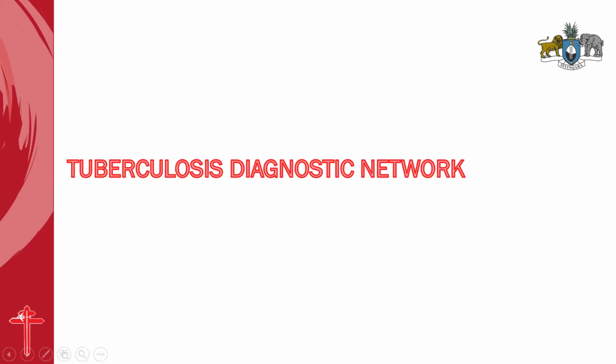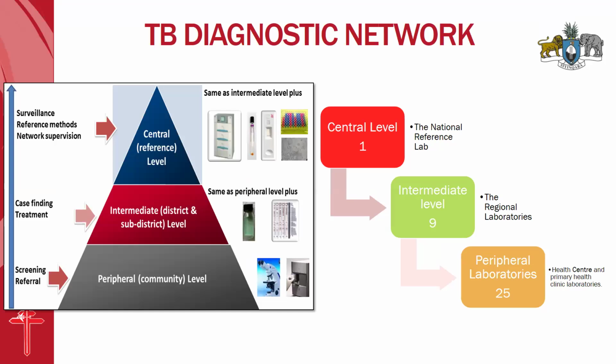So the tuberculosis diagnostic network. We can see that the network has 3 levels, with the peripheral, which is the community level. They do all the screening. They have the GeneXpert, some have the microscope. And then we have the case finding, which is the intermediate or the district level.